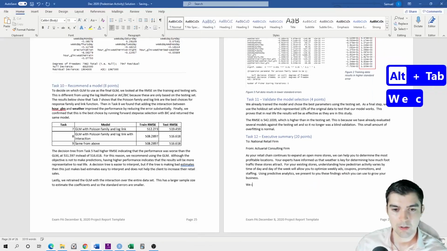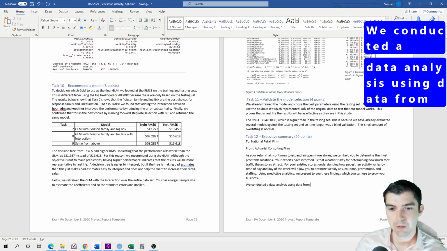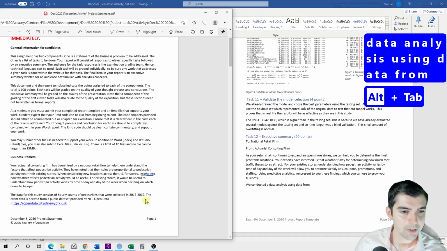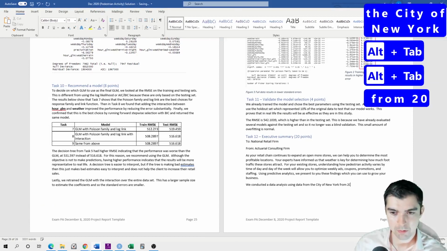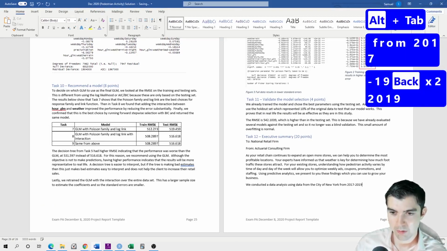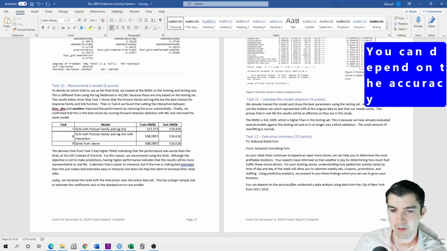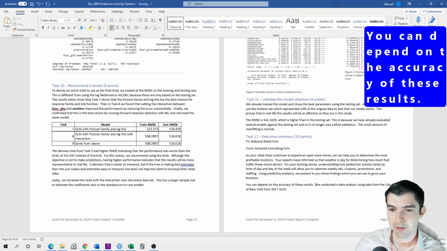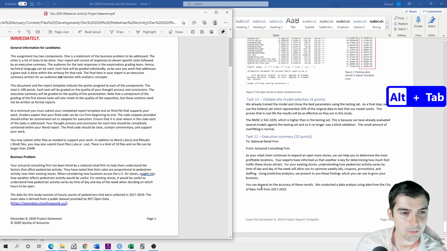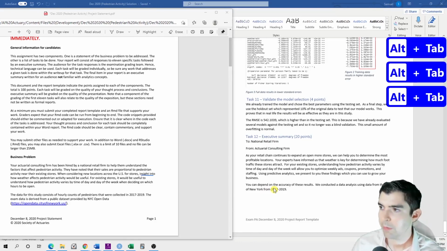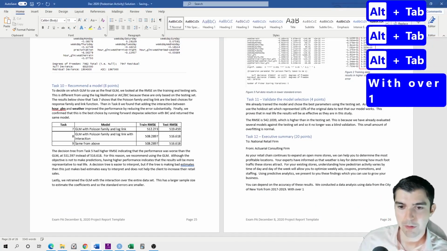We conducted a data analysis using data from the city of New York from 2017 to 2019. Let's just say you can depend on the accuracy of these results. We conducted a data analysis using data from the city of New York from 2017 to 2019. And how many records were there? There were over 11,000.